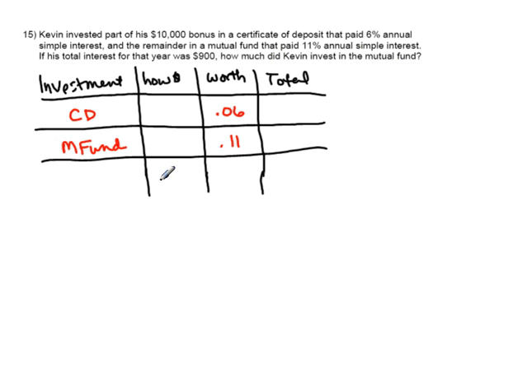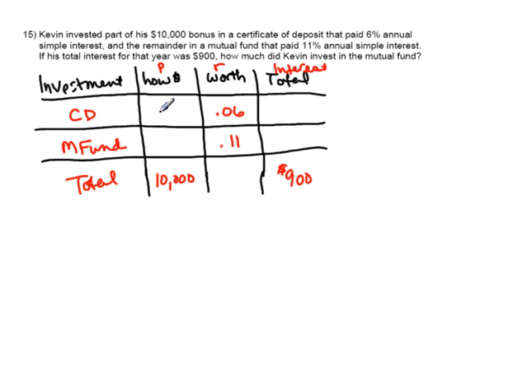Well, he knows that the total amount he had to invest is $10,000. Okay, and his total interest earned here was $900. This is interest. Remember the simple interest formula is principal, that's how much, rate, that's what it's worth, and the time, since we're all dealing with 1 year, is T, which we don't have in our chart.